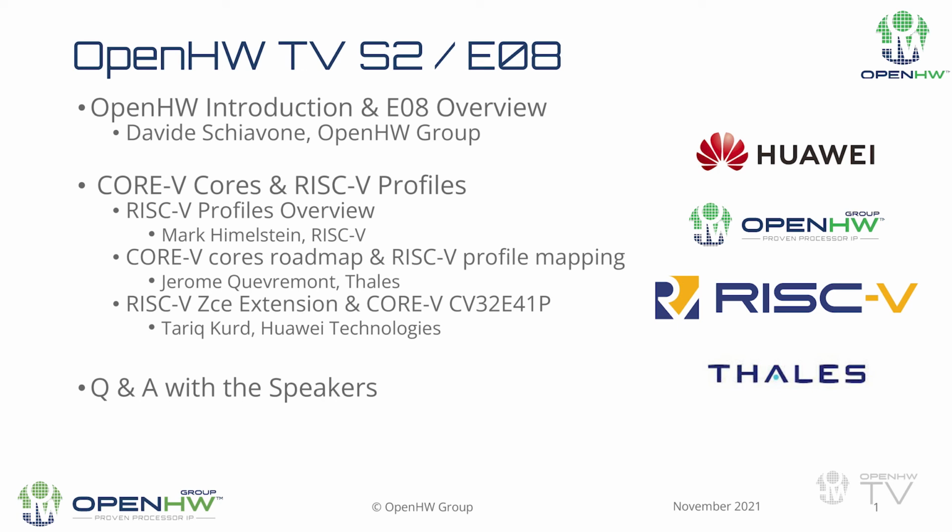And finally, Tariq from Huawei will give us an introduction of the CV32E41P OpenHW Group CORE-V IP and a dive into the Zce extensions draft of RISC-V. At the end of this episode, we will have a Q&A session where all of us are going to reply to the questions you will be writing during this episode.